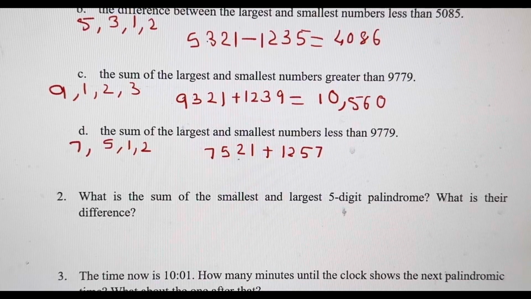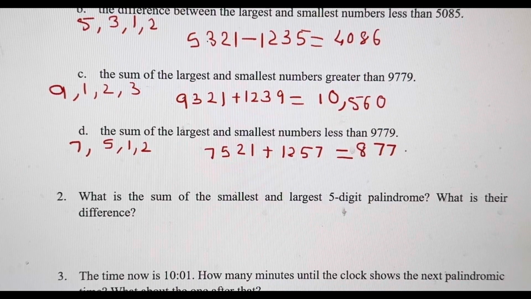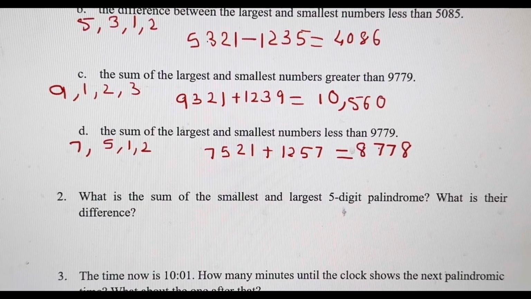If you just see the round numbers, 7000 plus 1000 will be 8000, and the other digits will not even make 1000, so it has to be less than 9779. You can first guess like that and then actually add it. So the sum is 8778, which is less than 9779.